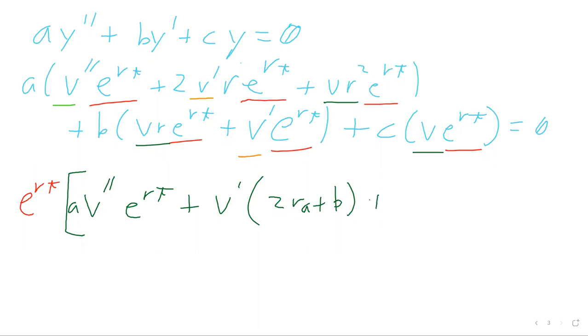And then just our v is going to have an ar squared plus br plus c. And again, equal to 0.